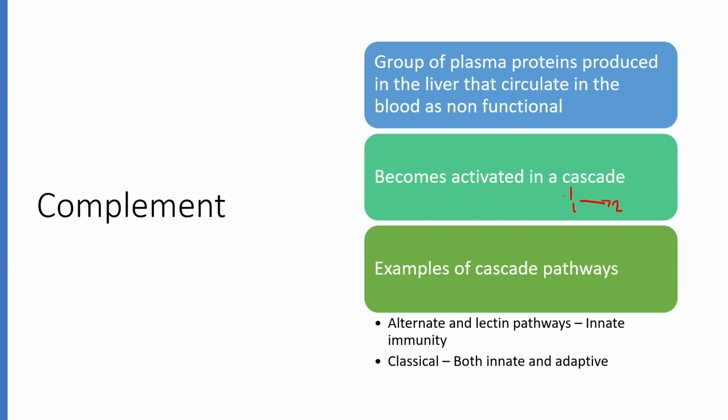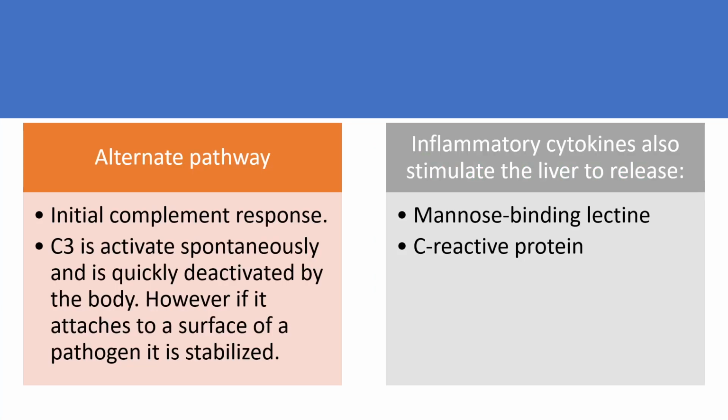So we have examples of cascade pathways. We have the alternate and lectin pathways. These are for innate immunity. The classical pathway carries both innate and adaptive immunity. The alternate pathway is the initial complement response. In this pathway, C3 is the name of the complement. It is activated spontaneously in the blood.